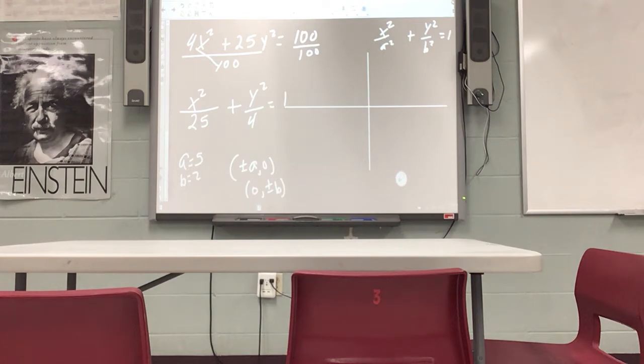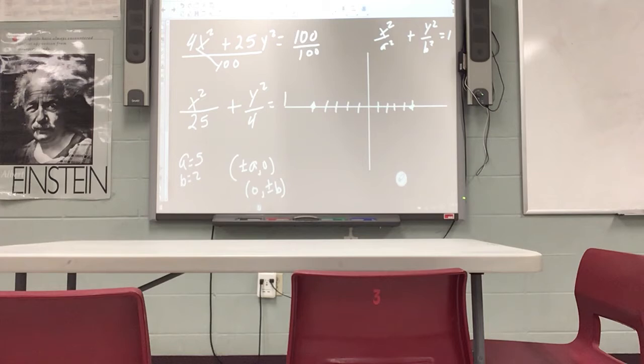So for this first one, and that might be a good thing to put on the page where you wrote your parent function, my A is 5, so I gotta go positive 5, up 0, and I also have to go negative 5, up 0.